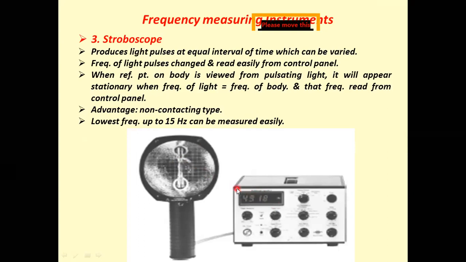Now, the advantage of this stroboscope is that it does not have any contact with the vibrating body, because it generates light and there is no contact between the vibrating instrument and the body or system whose vibration or frequency is to be measured.